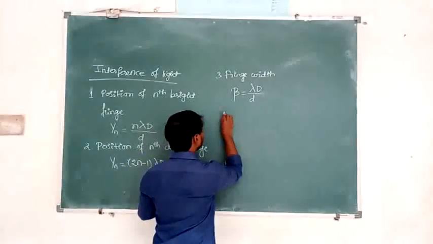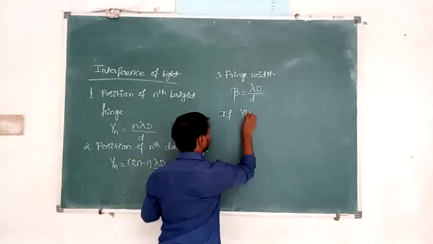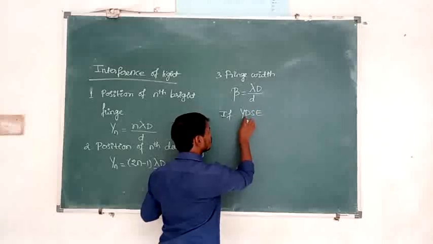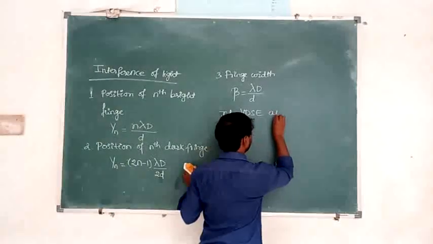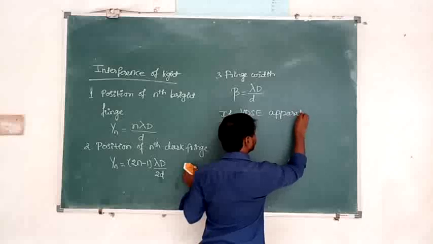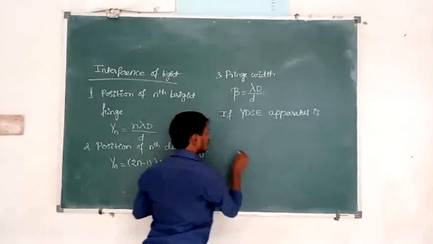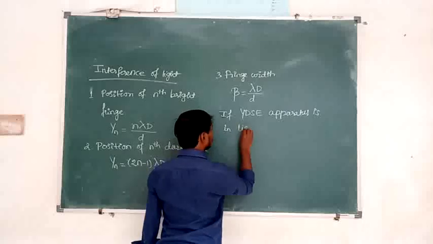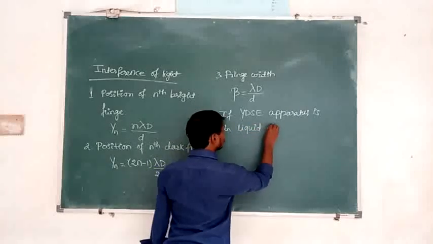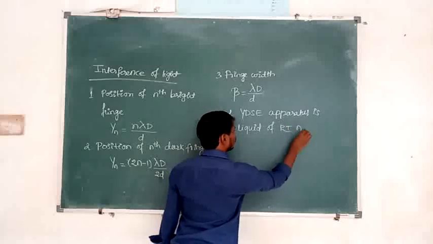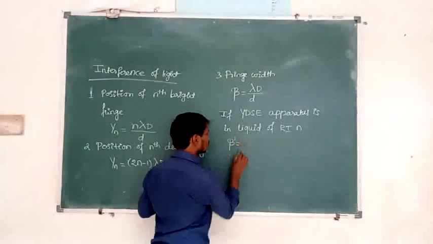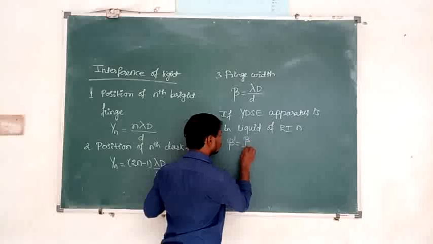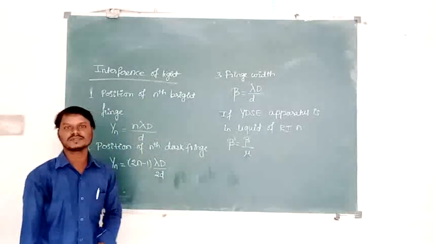If YDSE, Young's double slit experiment, is placed in a liquid of refractive index mu or n, then what is the formula to find the fringe width now? Here the fringe width will change. That is beta dash is equal to beta by mu or n. You can take either; mu and n stand for the refractive index.